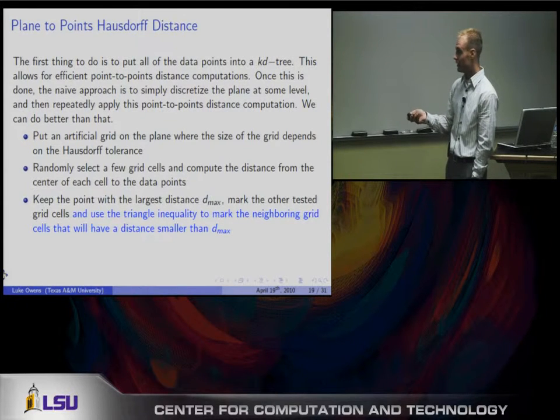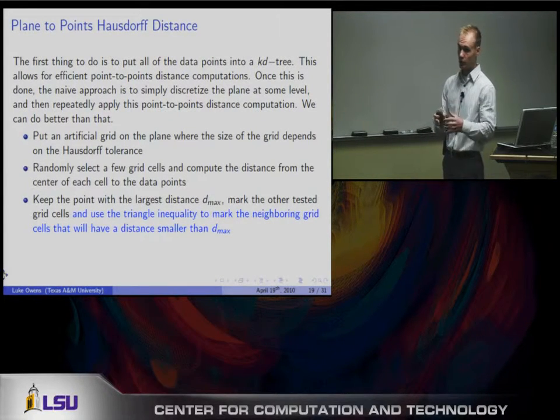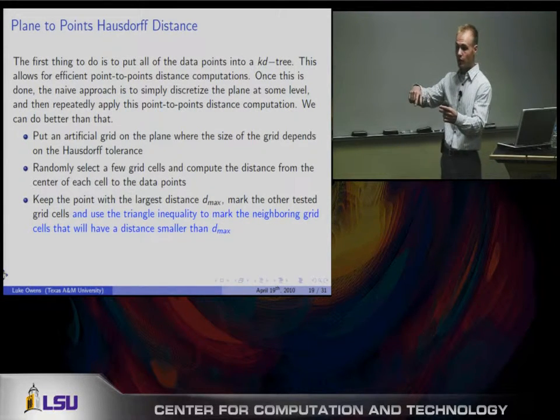And here's the key to the speed up of this algorithm, what I've highlighted in blue here. You can use the triangle inequality to mark the neighboring grid cells that will have a distance smaller than Dmax. So basically you have some grid cell whose center point is farthest from the set of data points. Then you have other grid cells that have a smaller distance to that set of data points.